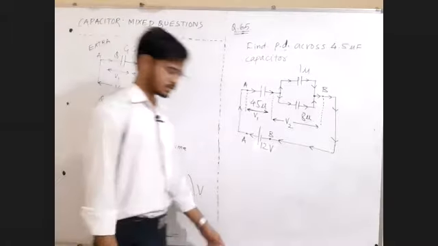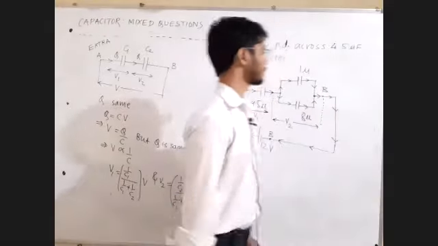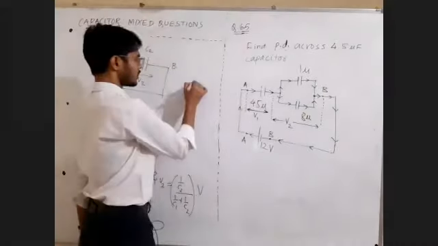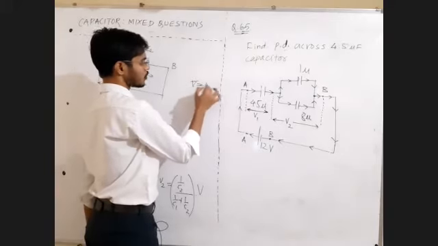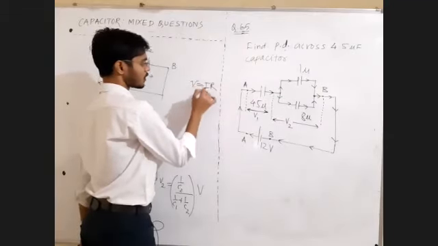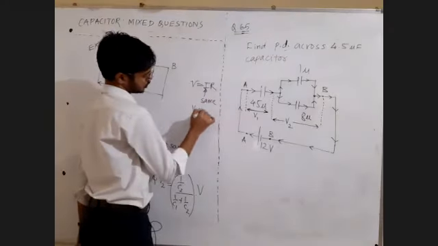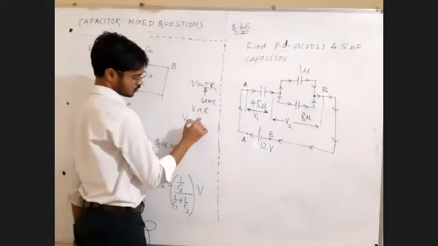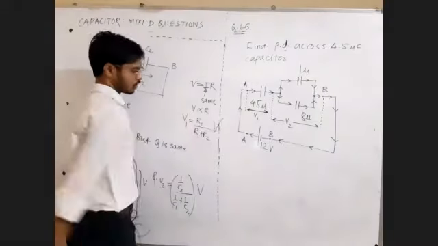Just like resistors in series and parallel, where we found current and potentials: when resistors are in series, the current is the same. We know V equals IR, so for each resistor V is proportional to R. There we wrote that for resistors in series, the fraction is the resistance fraction of the total potential.